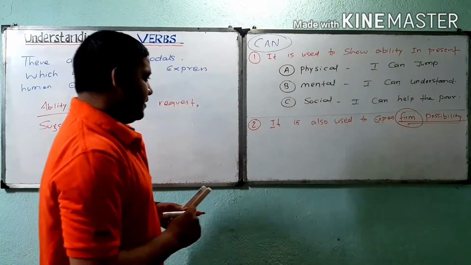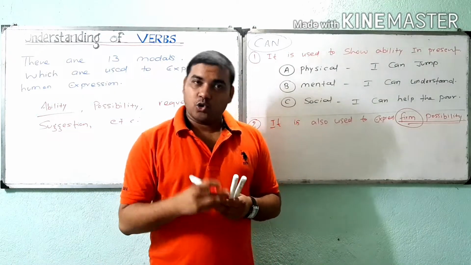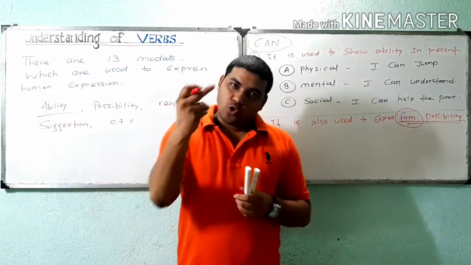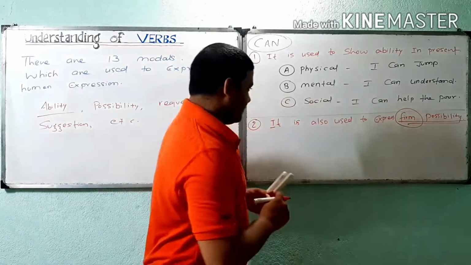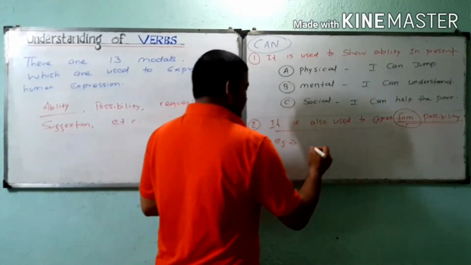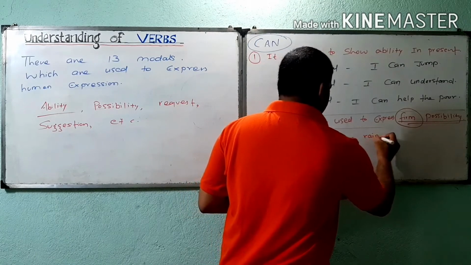Correct? कोई भी चीज अगर निश्चित होनी है, स्पीकर को ऐसा अंदाजा है ये हो सकता है, then we use can. For example, it can rain today.